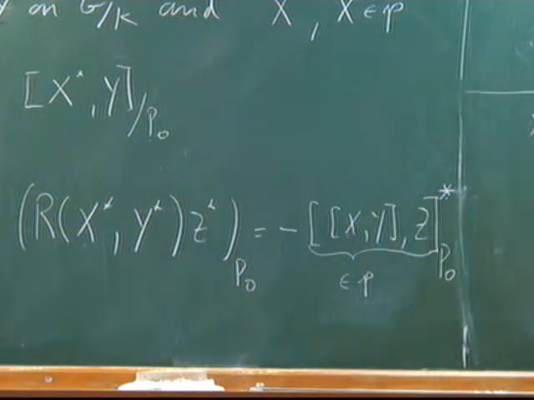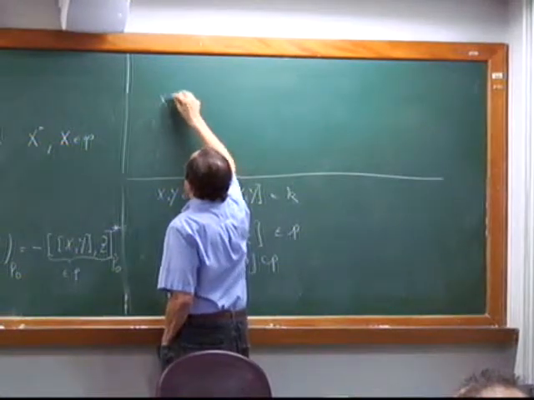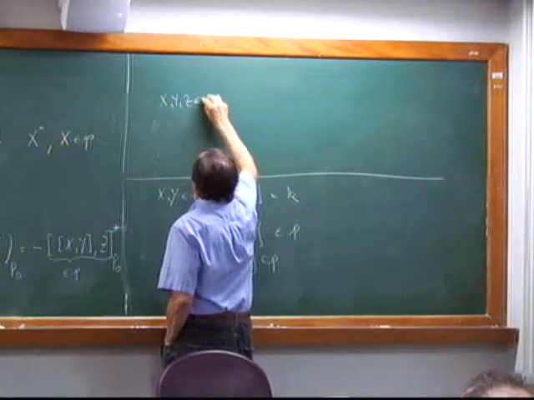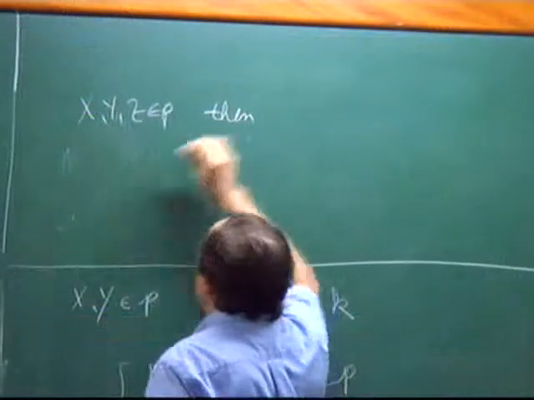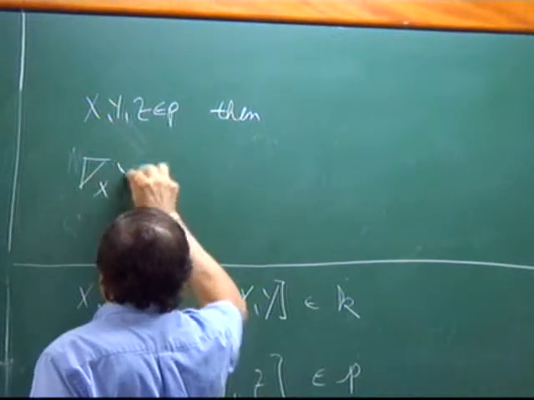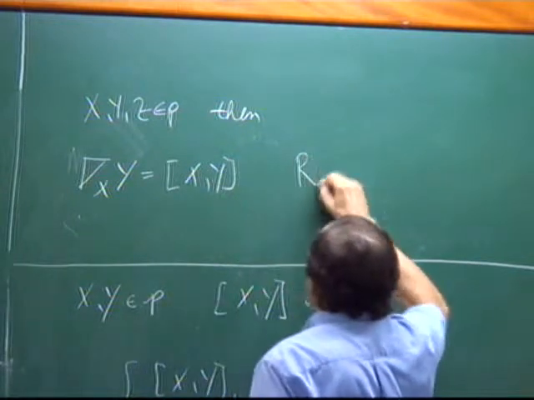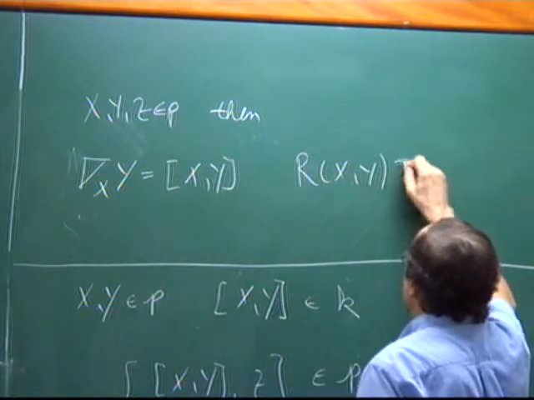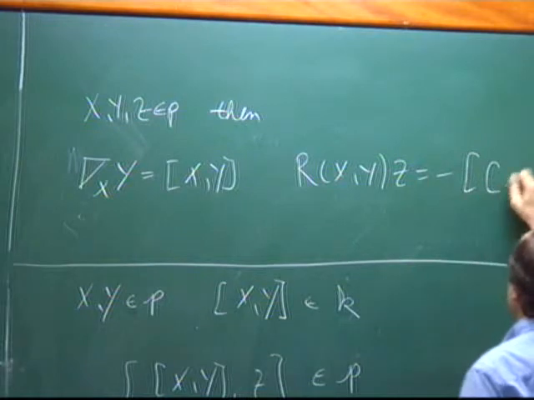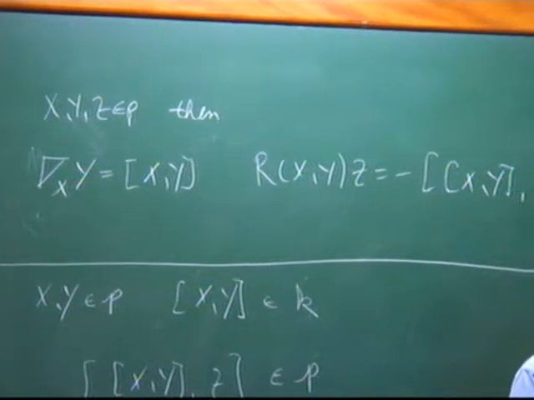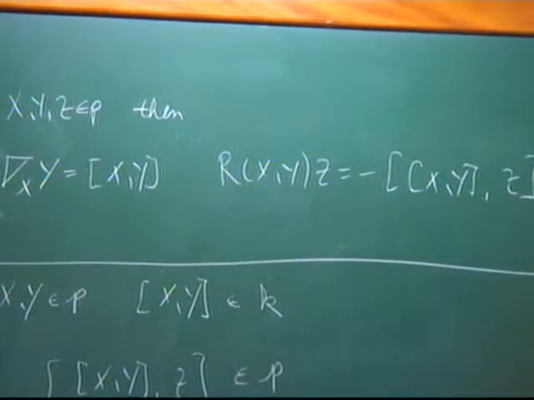Now, at some point, we're often just going to use a short form: if X, Y, and Z lie in P, then nabla X Y is the Lie bracket, and R(X, Y, Z) is the triple Lie bracket. With the understanding, what does that mean?